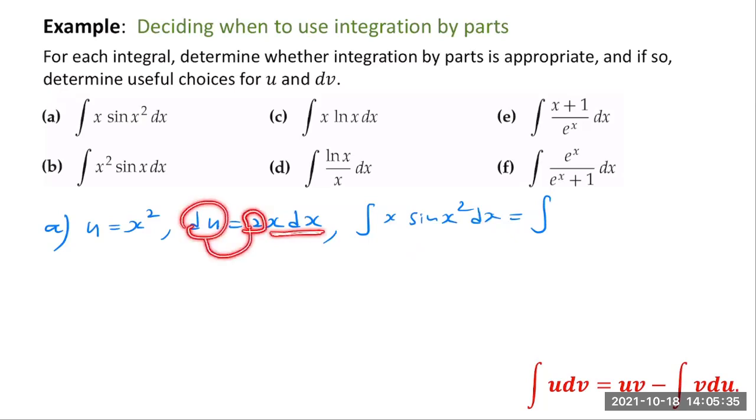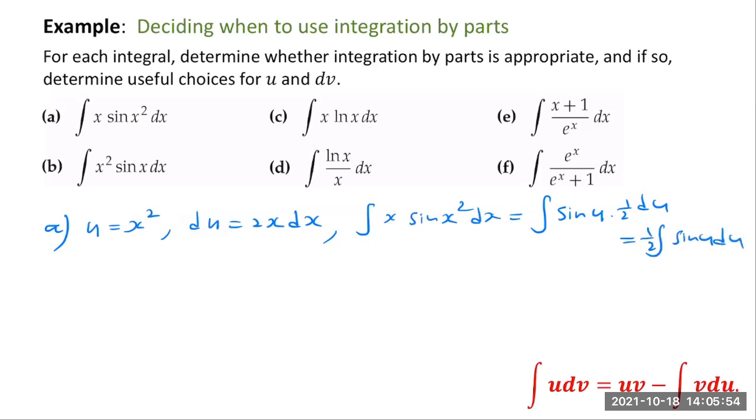You have to pull this 1/2 out here. So we have sine u times 1/2 du. And of course, this is equal to 1/2 times the integral of sine u du, and you know how to integrate this one. And you can go from there. All right, let's move on to part B.